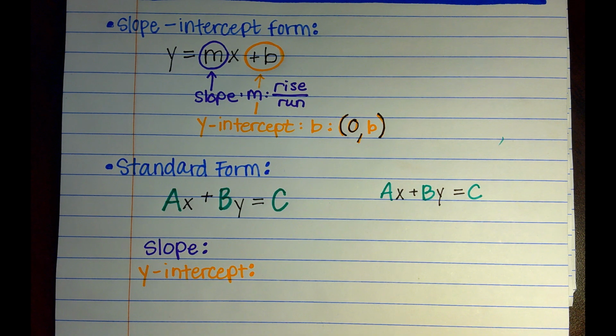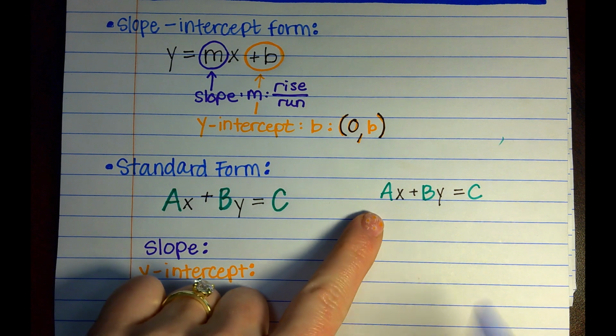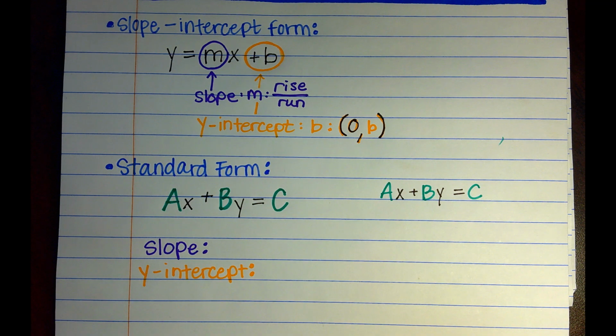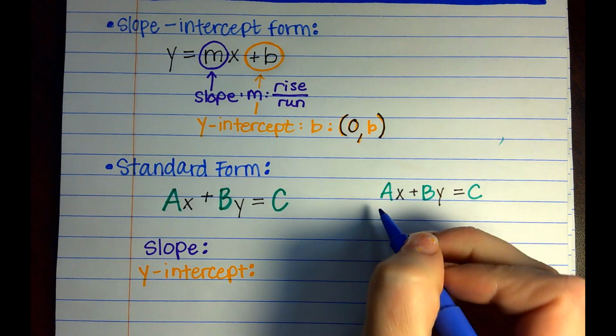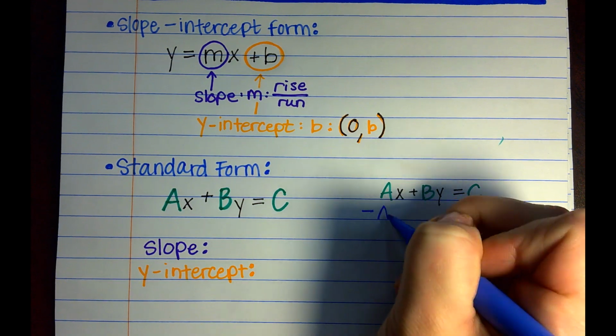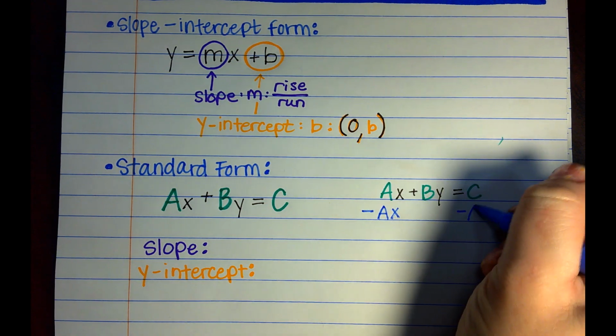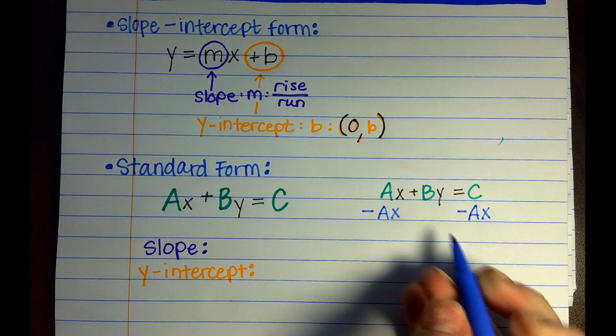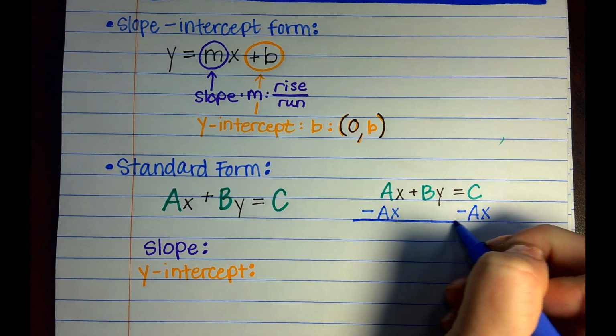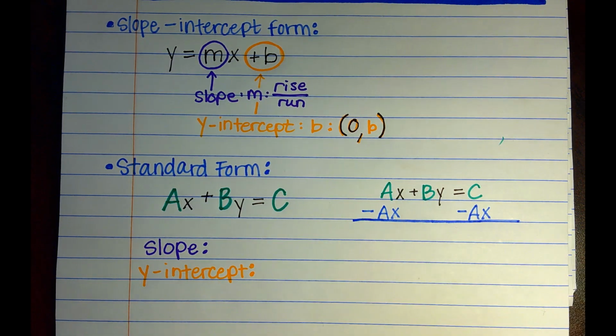Take it away. Yes, we're just going to subtract. I'm going to do minus ax on both sides. Minus ax. And again, keep in mind, I am going to show you a shortcut after this. You won't ever have to do it this way, but it is good to know in case you want to double check.